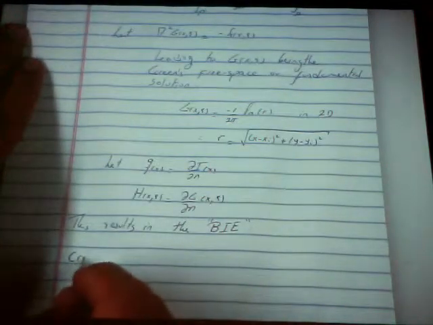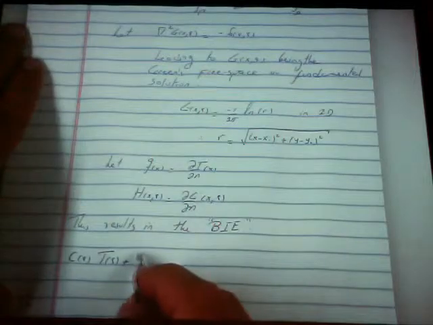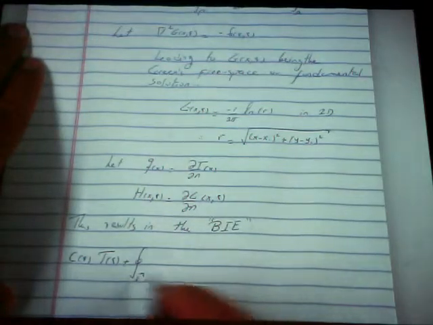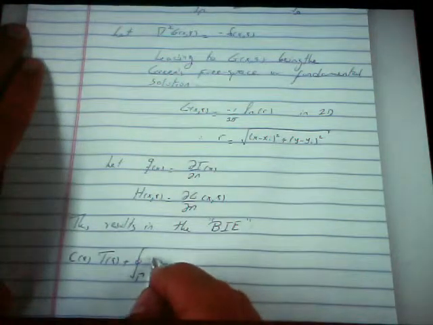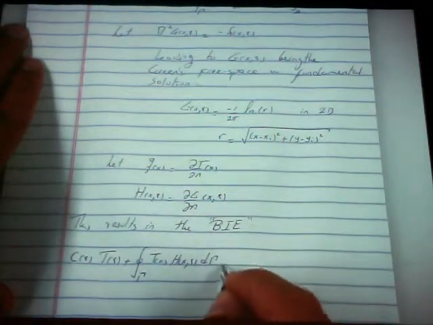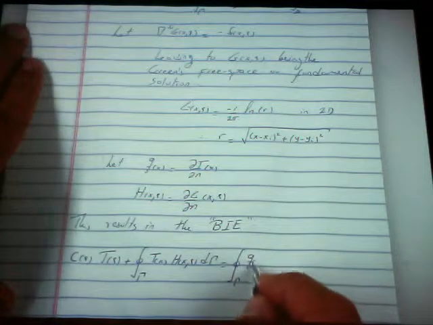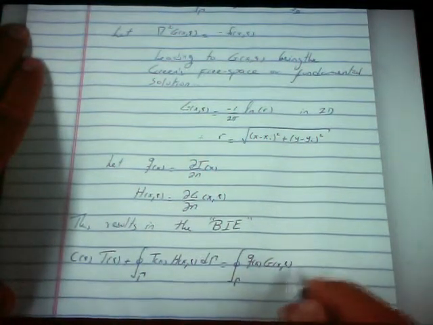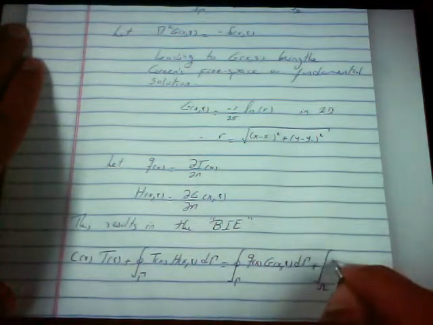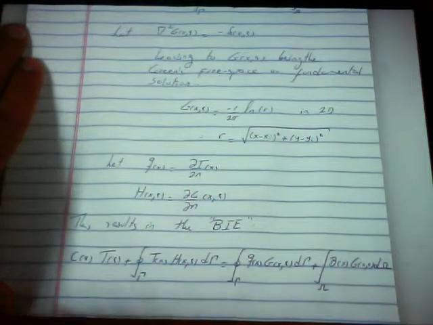That means that C of psi, T of psi, plus, and I'm flipping the signs as you can see, because of the negative here, I'm flipping all the signs, the integral of T of x, h of x and psi, is equal to the integral of q of x times g of x and psi plus b of x, g of x and psi d omega.